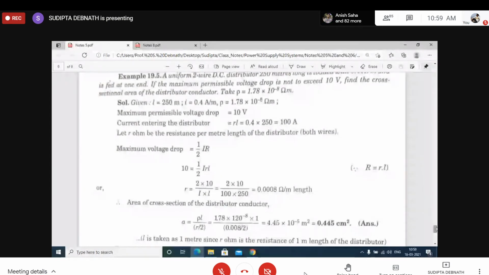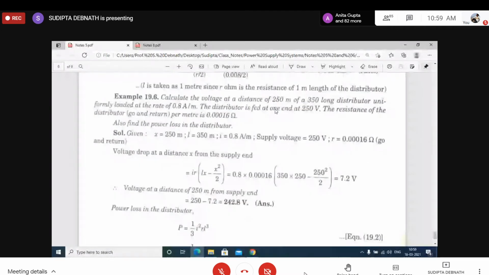And the last one, what is given? Calculate the voltage at a distance of 250 meters. So X is given as 250, total length L is given as 350, small i given as 0.8, the voltage at the feeding point 250, and the resistance of the distributor go and return, that means total resistance, is given.